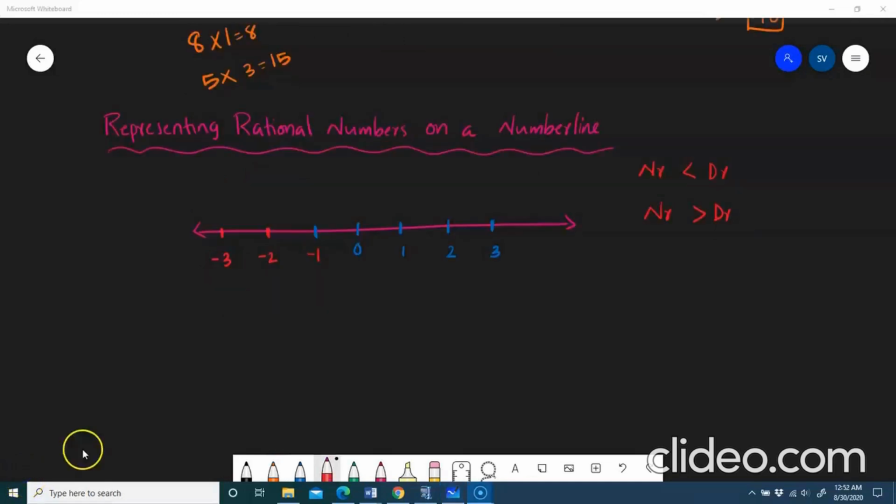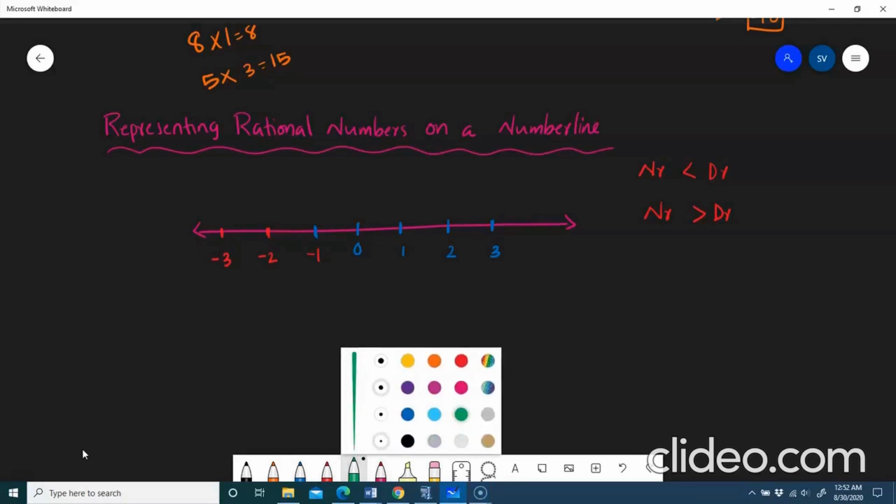Now we are going to study how we can represent these rational numbers on a number line. That is actually very tricky. We can start with a problem.